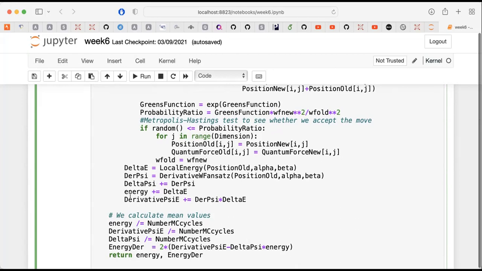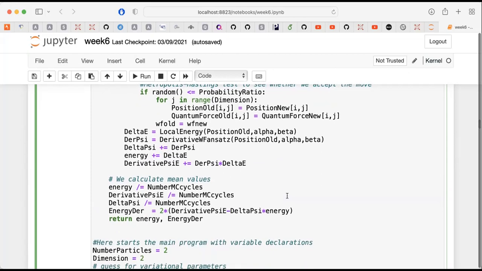And then we have another integral, which is the derivative of the wave function multiplied with the local energy, and this is being added up. Then I need the integral for the local energy, and the integral over the wave function. These three quantities are the three new integrals which we need to evaluate.